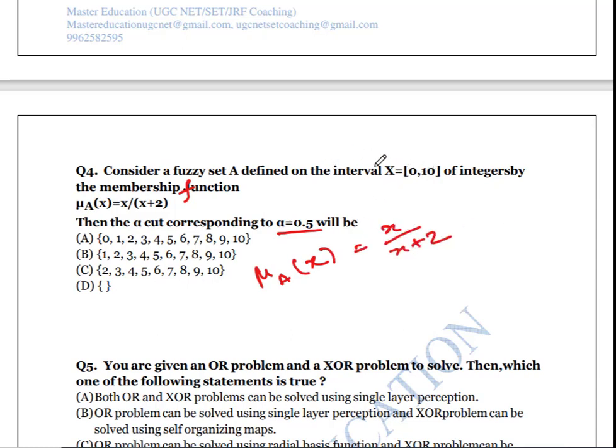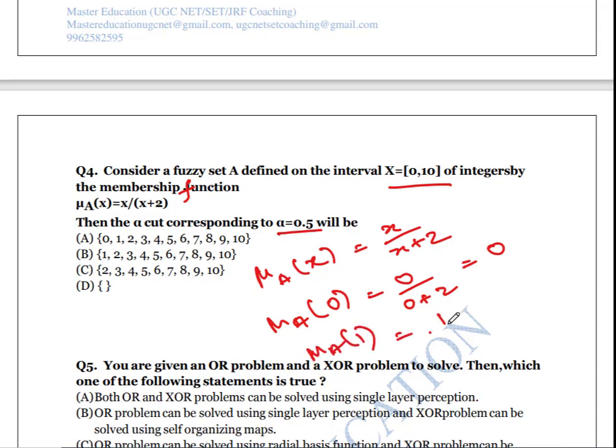So we apply the values. Mu A(0) is 0 divided by 0 plus 2, which is 0. Mu A(1) is 1 divided by 1 plus 2, that is 1 by 3, equal to 0.33. Mu A(2) is 2 divided by 2 plus 2, that is 1 by 4, equal to 0.25.